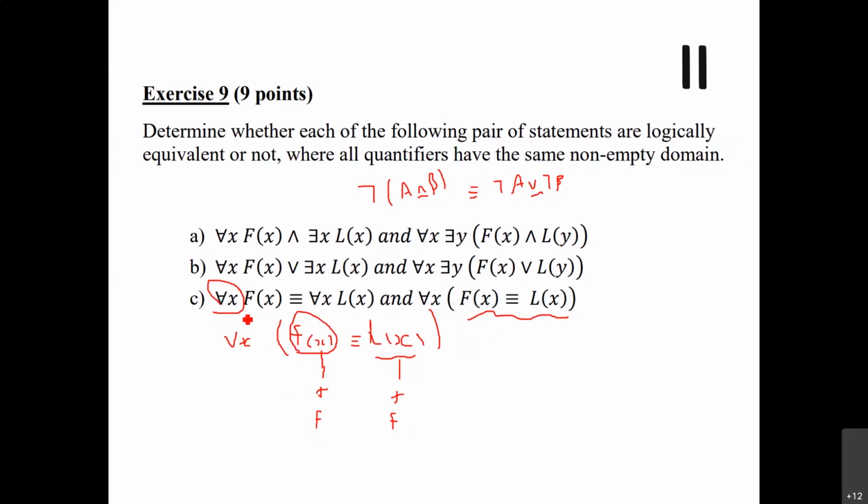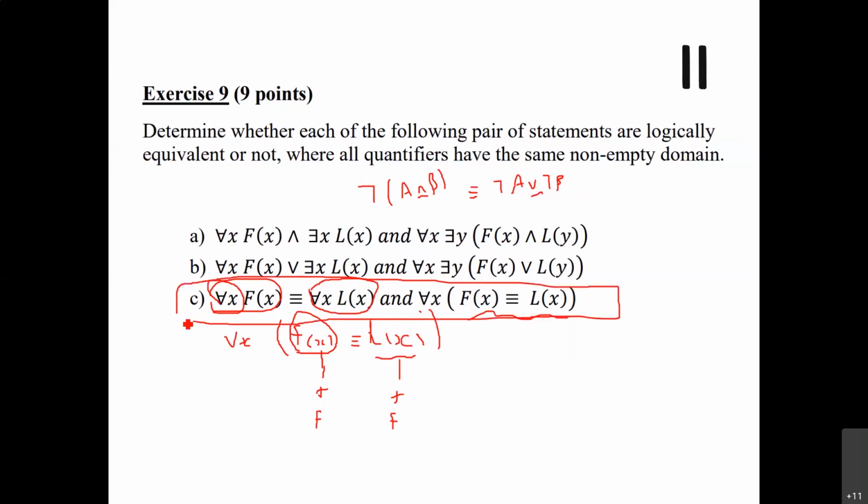What's the first one saying? It's saying that the whole statement is equivalent to this whole statement. It kind of looks similar to the whole 5,000 and positive integers, right? The question says, are they equivalent?